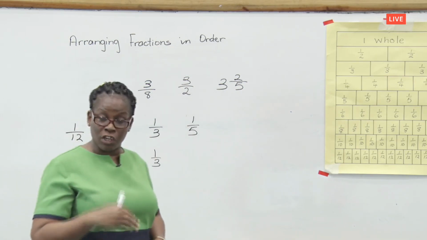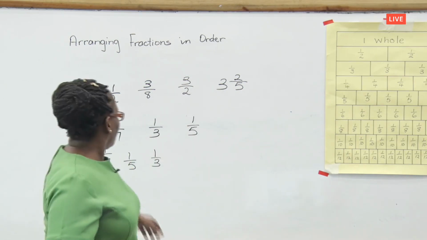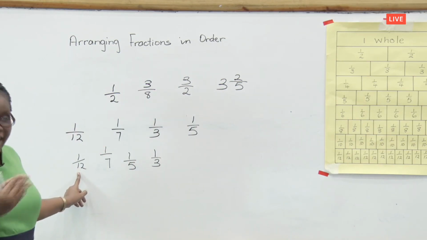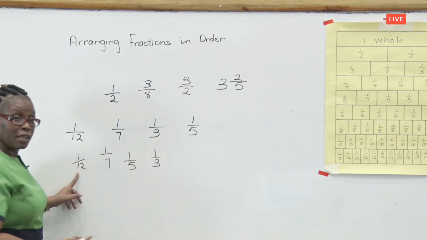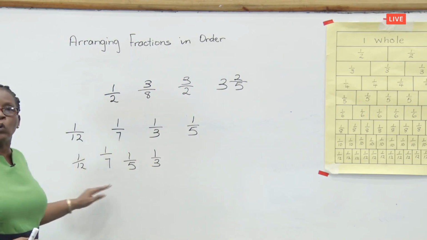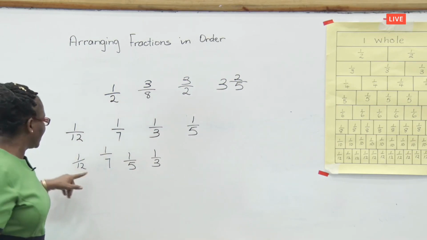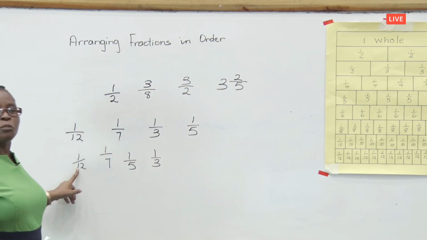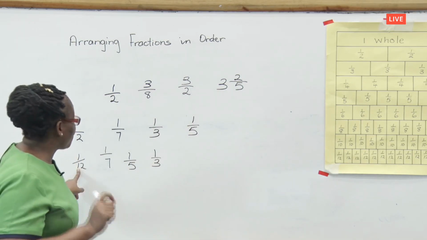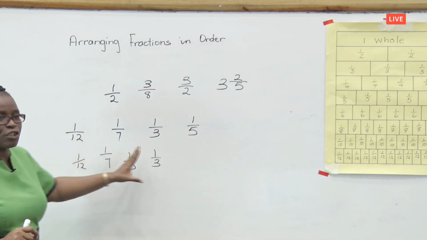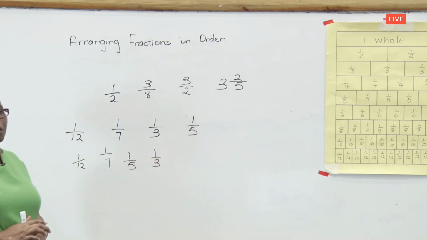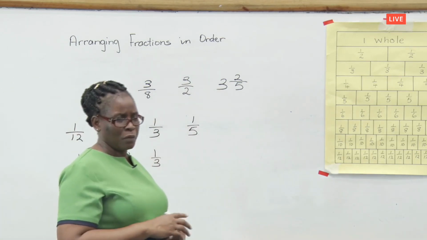So when we are arranging unit fractions in order, the biggest denominator would be the smallest fraction. So yes, this is arranged correctly.